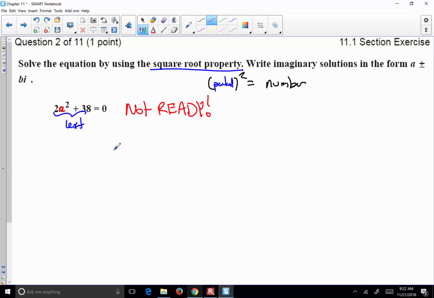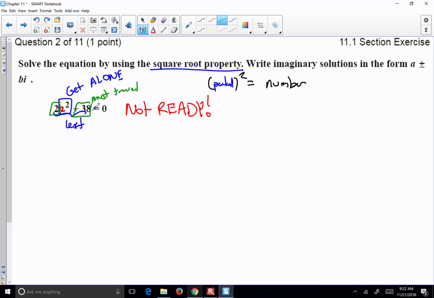How do you get it ready? Perfect. We need to get the square term. Mark it. This is the square term. You need to get this alone on the left. So that means anything besides a square must travel.